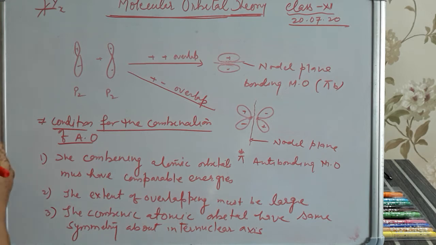Let's discuss the energy level diagram. Like we studied in structure of atom, Hund's rule and Aufbau principle, the increasing order of energy of atomic orbital, the same rule follows here. So increasing order of molecular orbital.